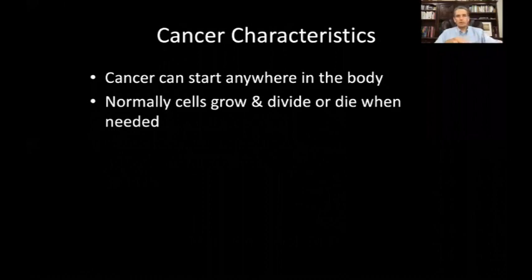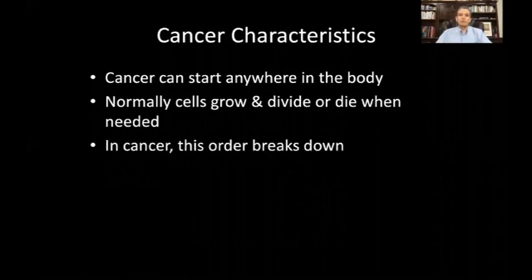Not always, but that's frequently the case. And the same thing is true with normal cells, but with cancer cells, it's like those fish, and regardless of what the size of the tank is, the fish continues to get bigger and bigger, eventually too big for its tank. Well, the same thing happens with cancer. It begins to grow and divide, and it doesn't stop when it's supposed to.